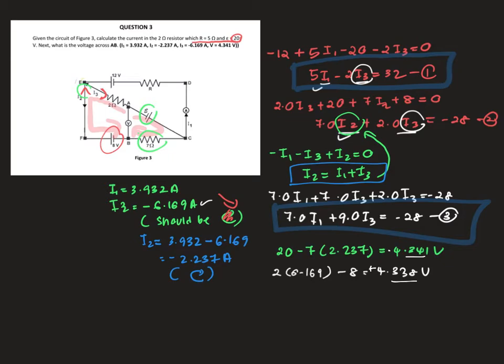From A to B, if you get negative, it means the direction of your drawing is wrong. For example, if I draw from B to A, definitely I'm going to get negative. So let's move on to the next question.